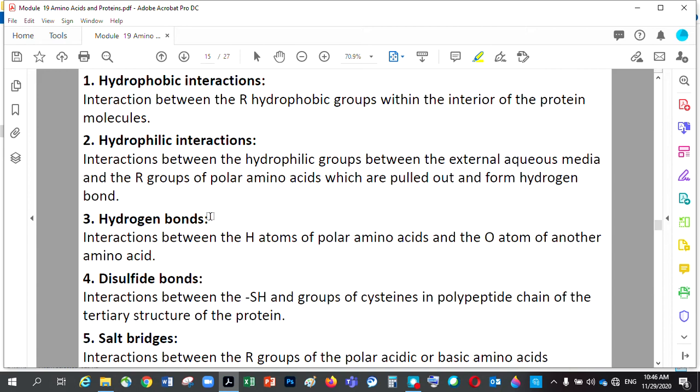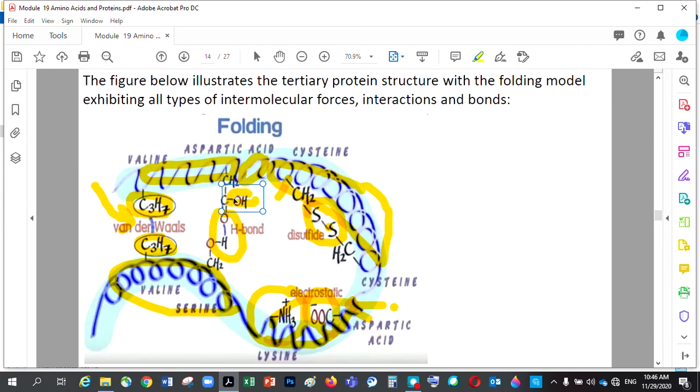And we have hydrogen bond. We saw the hydrogen bond here. This is the hydrogen bond. And this is OH with the OH somewhere if there is an OH. Alcohol groups together will be hydrophilic, and this is hydrogen bond.